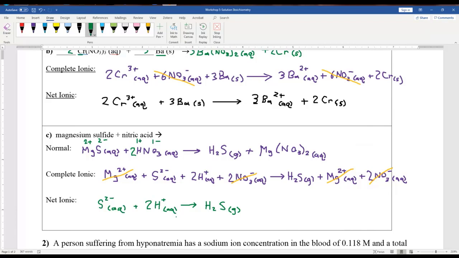Now, these ions that cancel out in each one of these complete ionic equations, what are they? They have a special name. What are they called? How about electrolytes? Well, that's not entirely true. They are electrolytes, but what are they called in the context of the reaction?